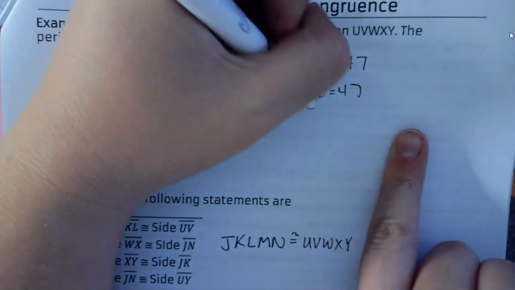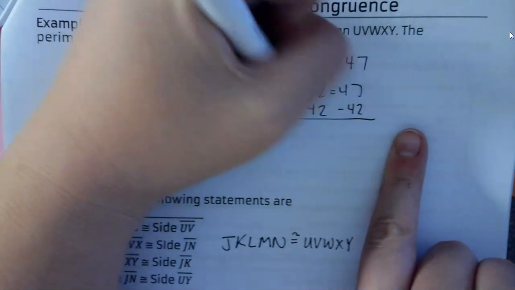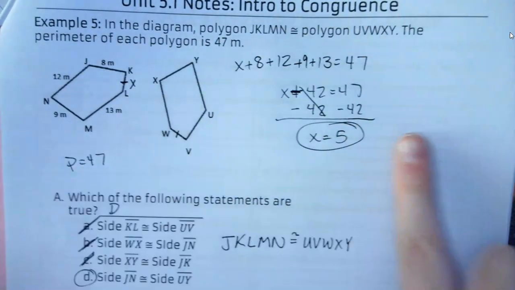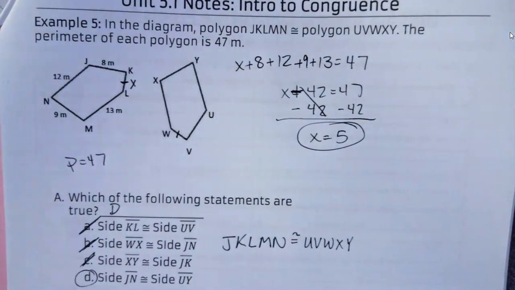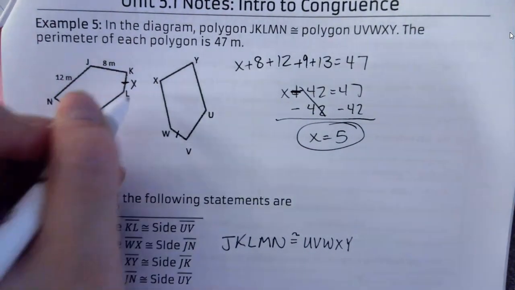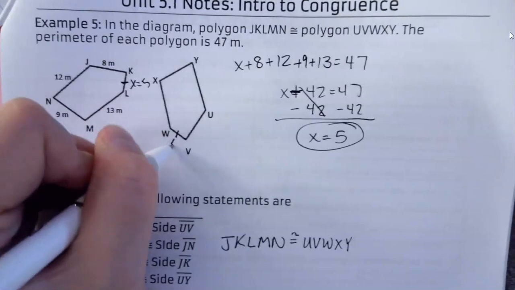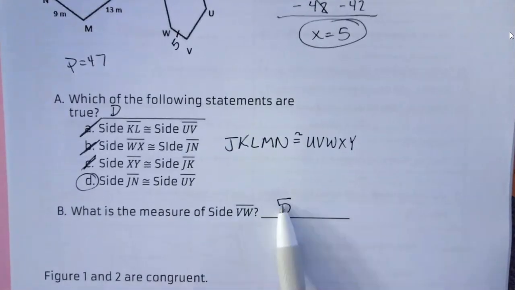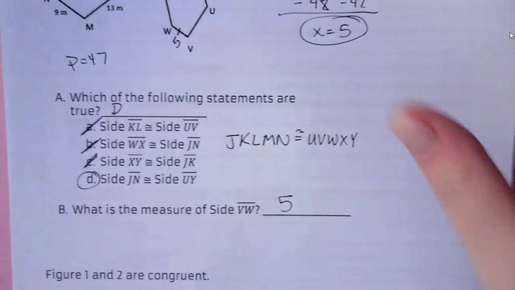Subtract 42 on both sides. X equals 5, and that's pretty easy because if you know this equals 5, this one also equals 5. We know that from the congruence statement, so side VW is 5. Pretty simple. All right, let's move on to this last one.